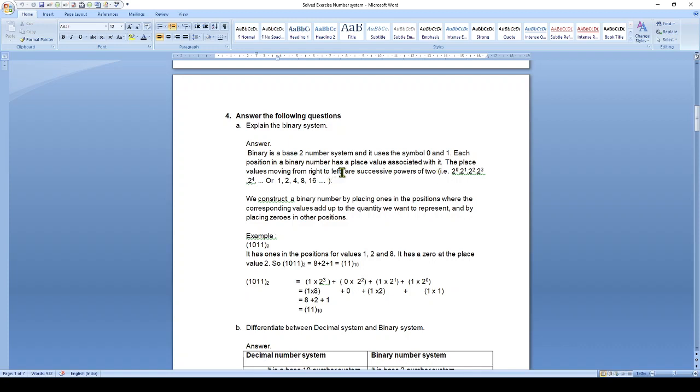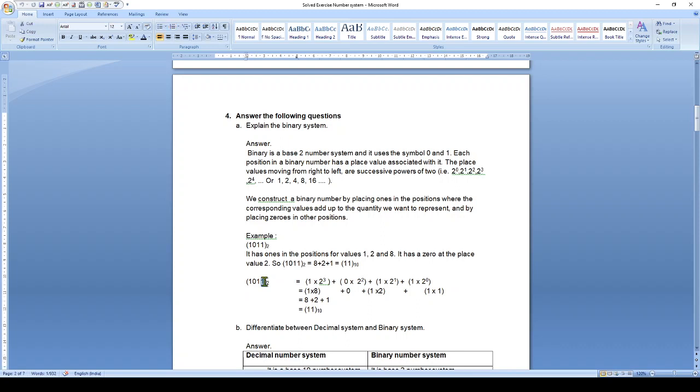To give emphasis on this, the place values moving from right to left. So you will move from right to left. Okay? Right to left means if this is the binary number, you have to count from here.